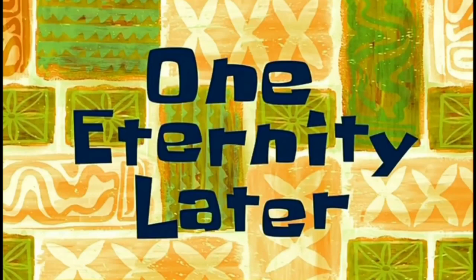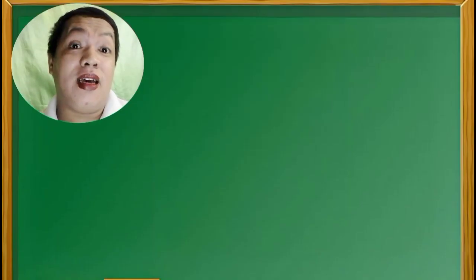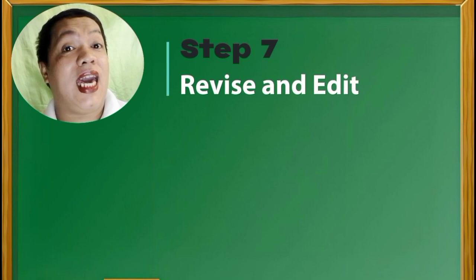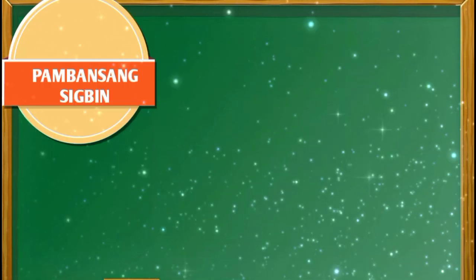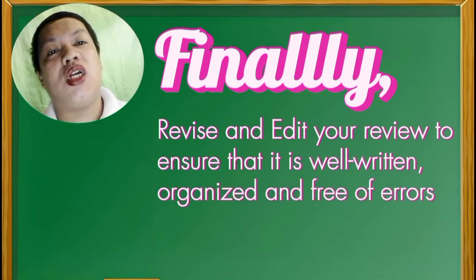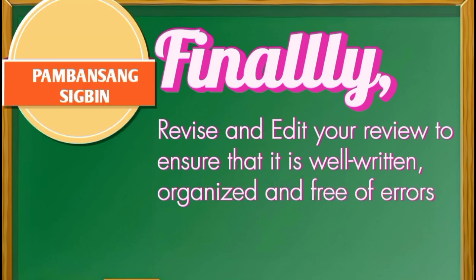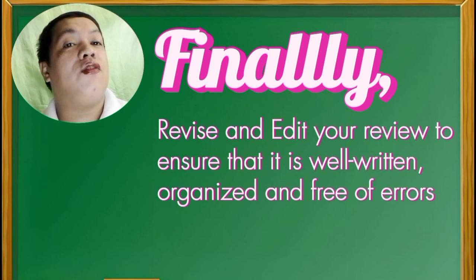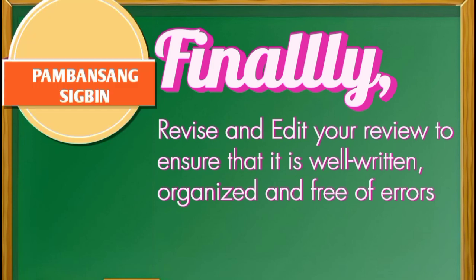Now, step 7, which is the last step for your guide on how to write the RRL part of your college thesis proposal, is revise and edit your written RRL. Finally, revise and edit your review to ensure that it is well written, organized, and free of grammatical errors.